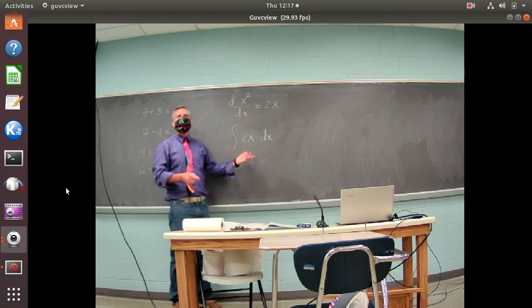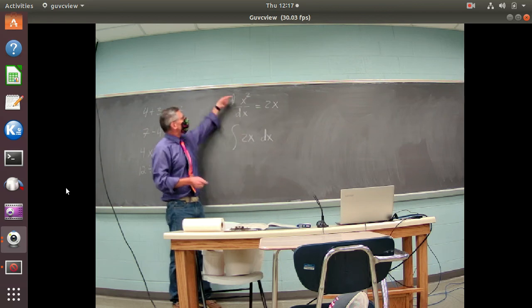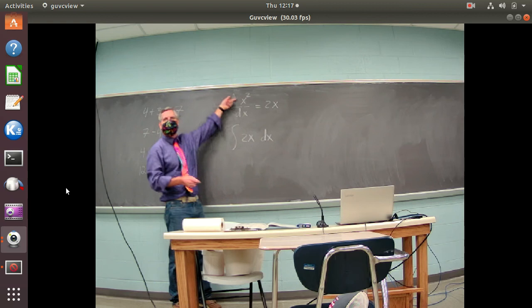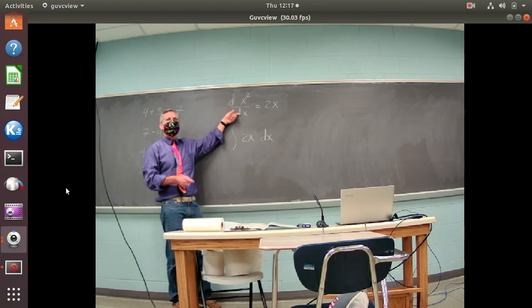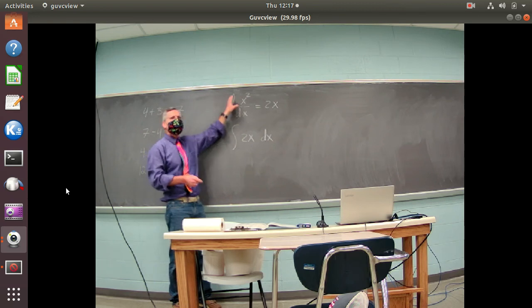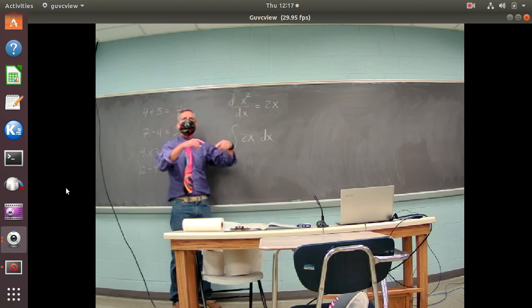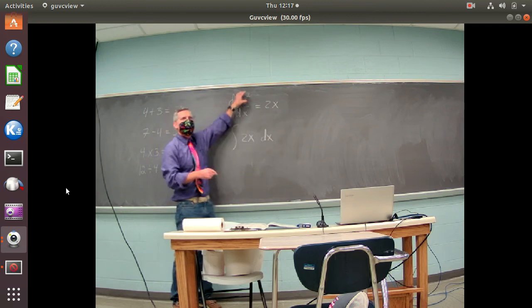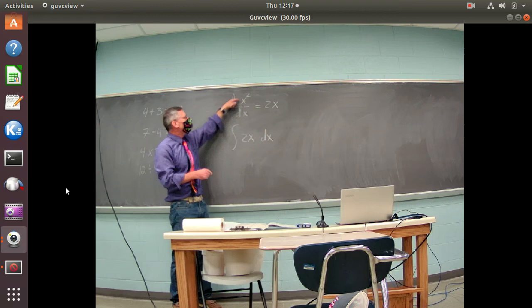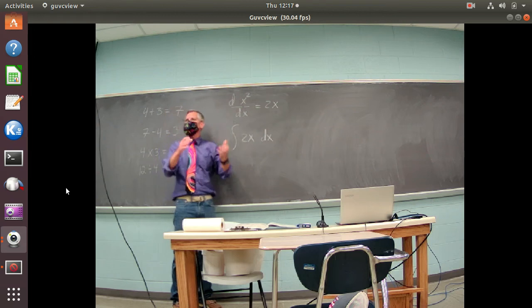But another reason is that this notation actually is helpful, because it reminds me I'm looking at a change in a y value with respect to the x value, and this looks a lot like the whole idea of slope.